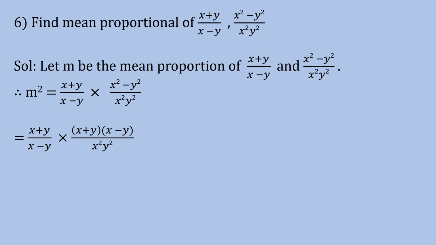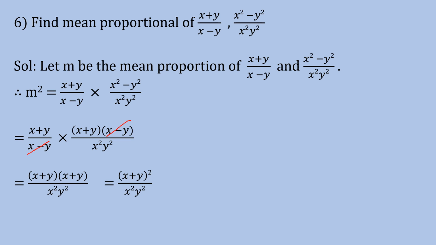Now students, you can see the terms get cancelled. This x minus y cancels, from the numerator and denominator. So what will we get in the numerator over here? x plus y into x plus y upon x square y square. So next step we'll write down, that is x plus y into x plus y upon x square y square.